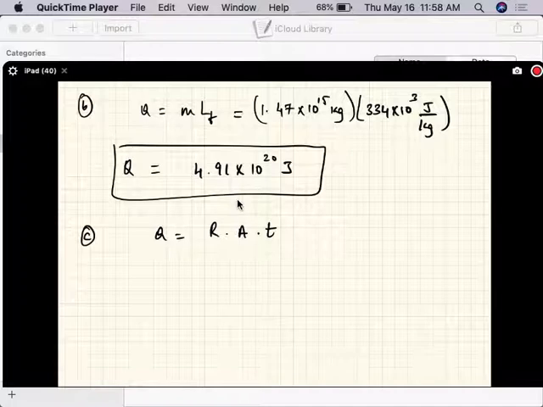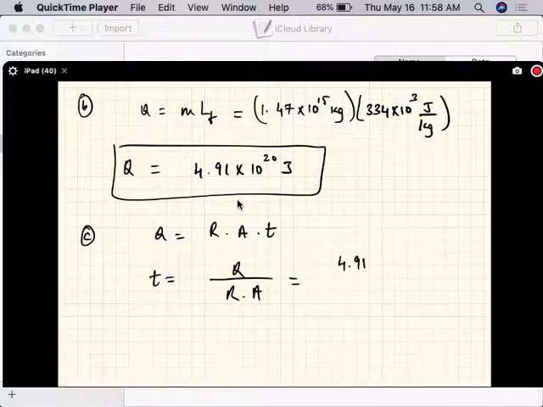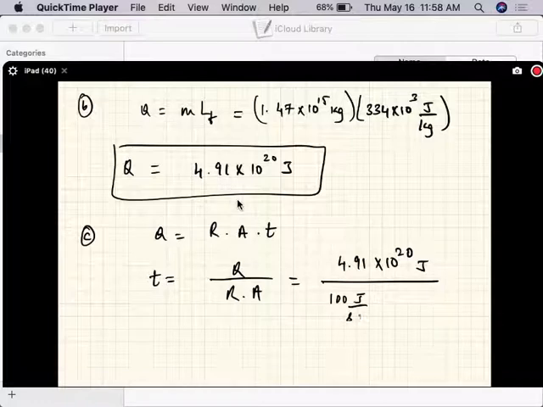All right. So the time it would take to absorb that much heat would be 4.91 times 10 to the 20 joules. That's how much heat you have to absorb. The rate at which you're absorbing is 100 watts per meter square, joules per second per meter square.